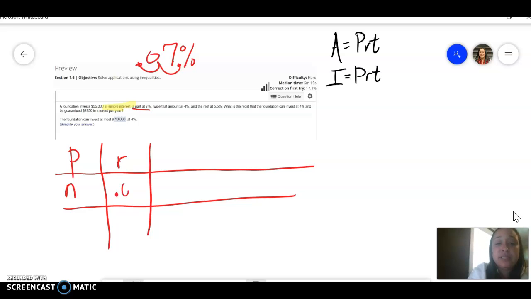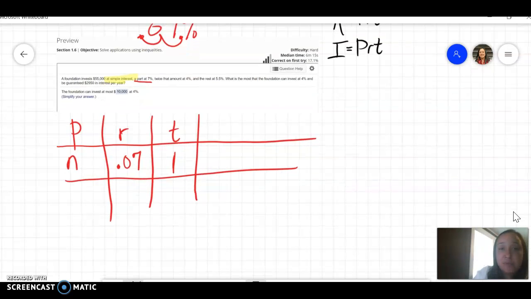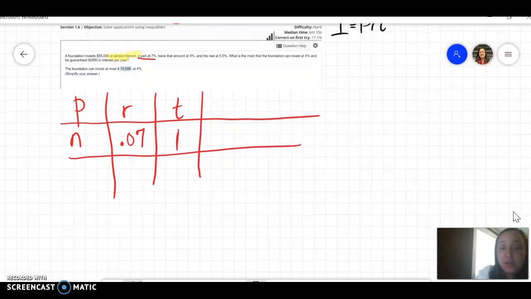So that would be 0.07. And my time here, all of these we're investing at the same time, right? And at the very end, it says, and be guaranteed $2,950 in interest per year. So that time is 1 year, right? So let's move along.